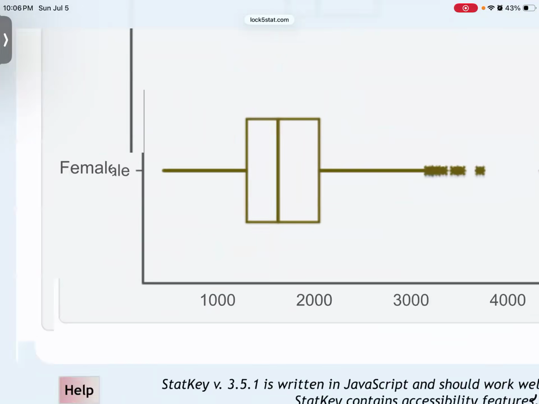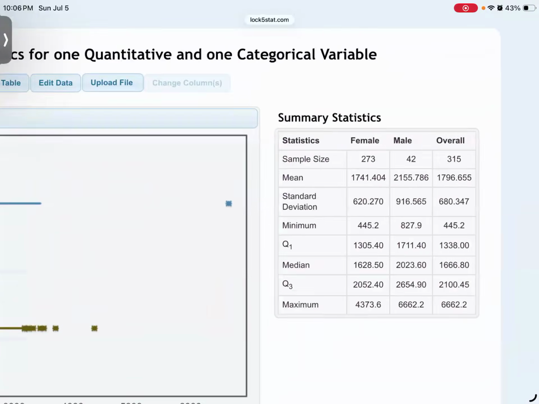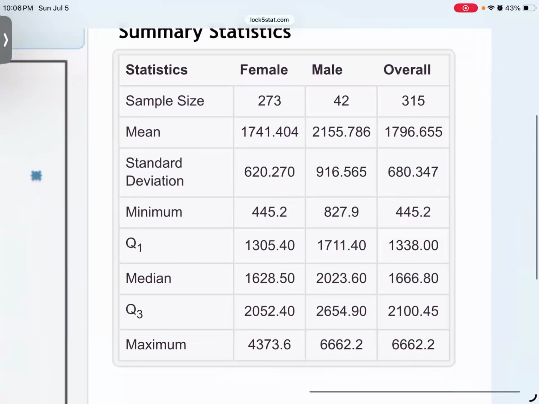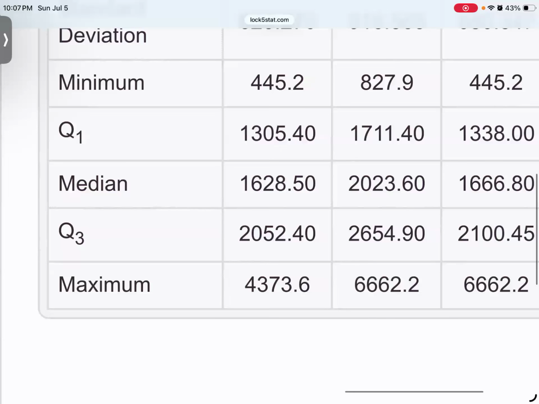But you don't have to base it off just looking at those. They actually have the numbers over here. You've got the mean for males is like 2100, females is about 1700 calories. The medians, likewise, male is about over 2000, females is about 1600.